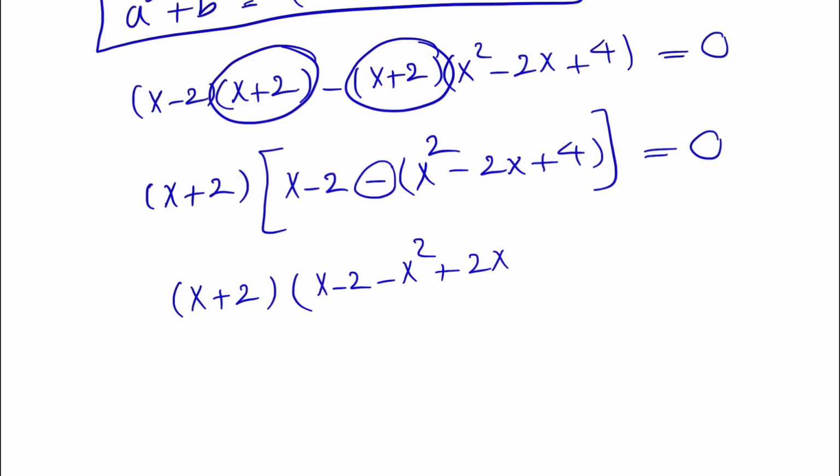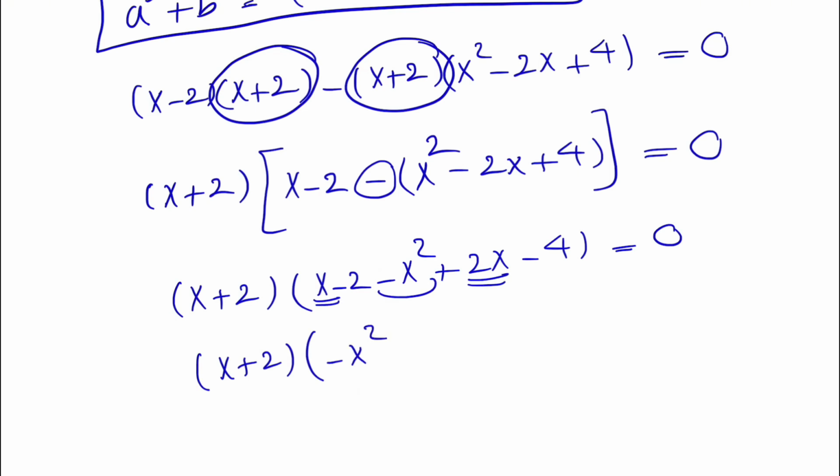So I'm multiplying this negative sign to the inside of the parentheses, so we just have to switch all the signs in there. x plus 2, and here we have minus x squared, 2x plus 1x, so 3x, and minus 2 minus 4, minus 6, is equal to 0.